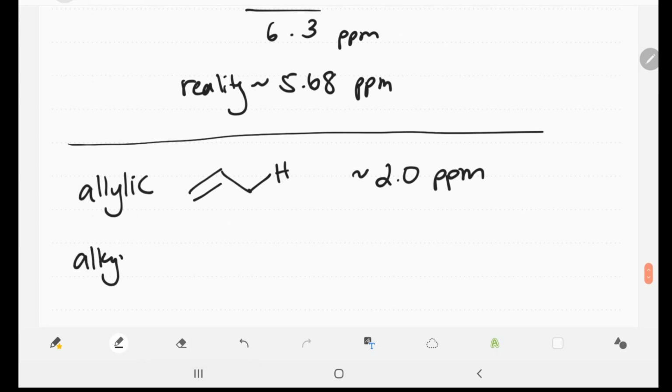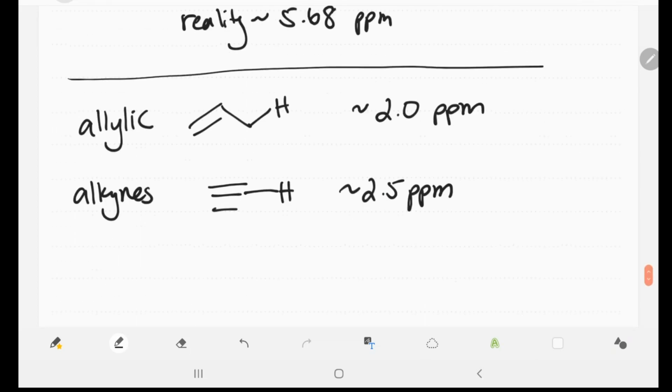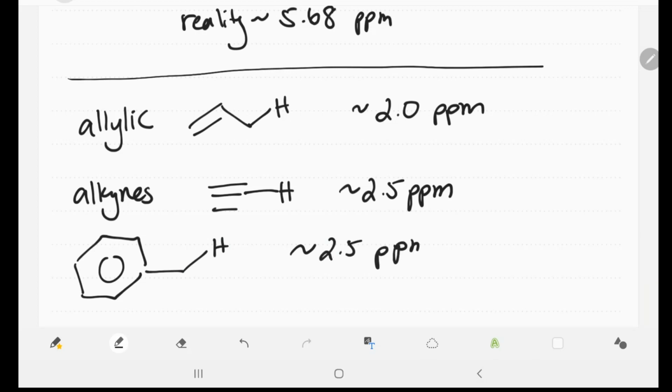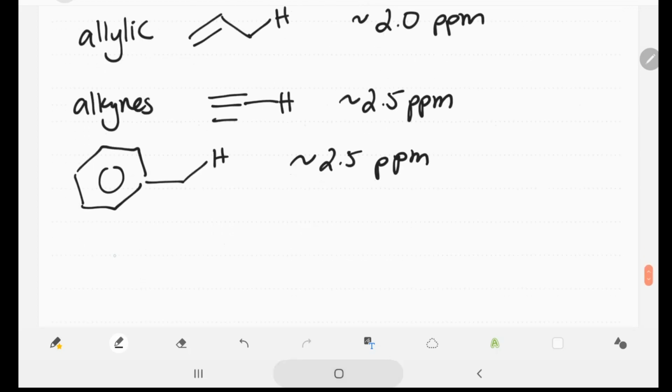Alkynes show up about 2.5. So do aromatics, or rather the benzyl group. These also show up about 2.5. Vinylic ones, though, show up between 4 and 6 parts per million. There's a wide range there. We'll look at that more.